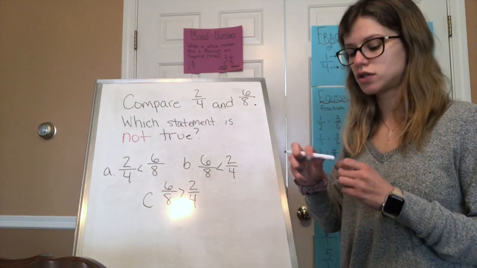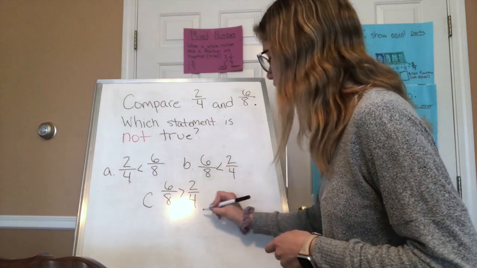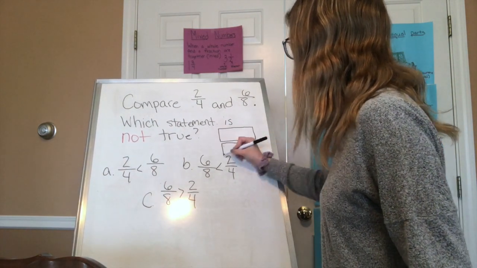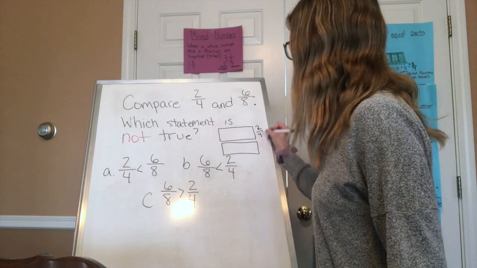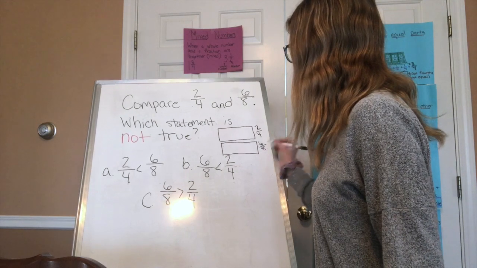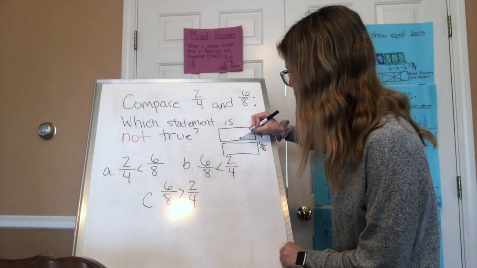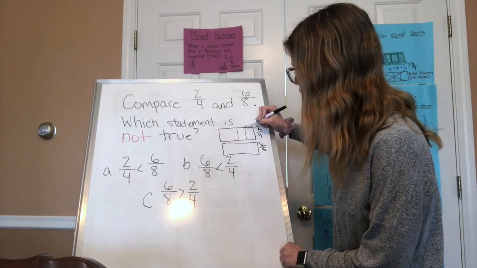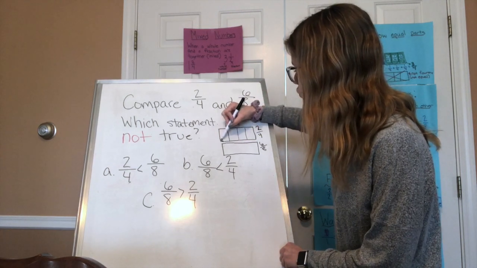So what I need to first do is compare using a fraction bar. I'm going to make two fraction bars up here. This one will be 2/4 and this will be 6/8. For 2/4, I'm going to put a line in half and break these up in half and shade in two parts.